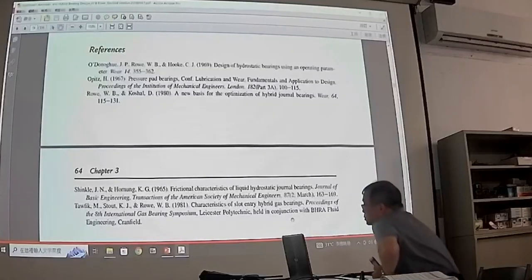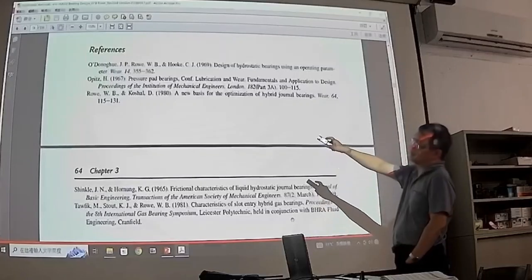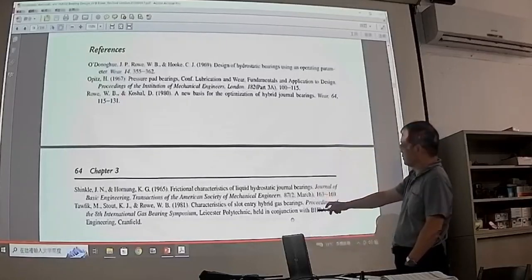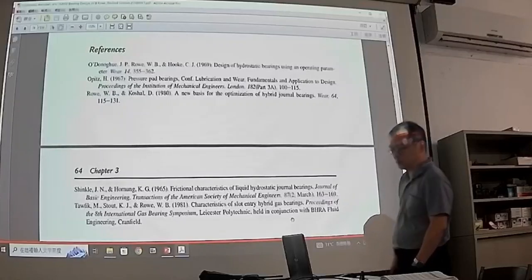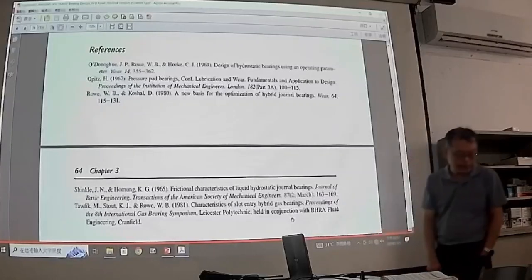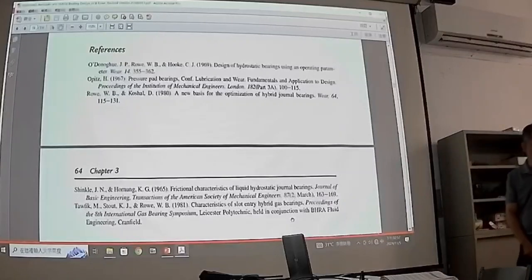Most of the results were published in the 60s and 70s, I think, or 80s. For the theoretical study of hydrostatic bearings, almost everything was done by 1980. Most of the textbooks for hydrostatic bearing design date from 1983, I think.